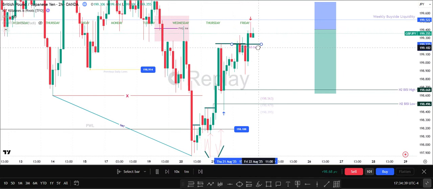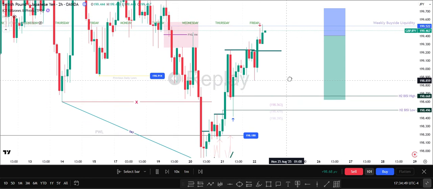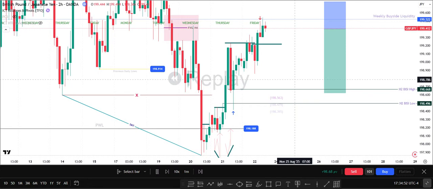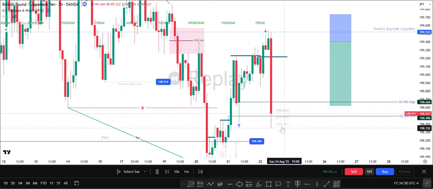Also see that this is also an order block here. See the way it closed above the hour 2 BC here. So that was how we were supposed to take the trade for that week, yeah. And then price comes.